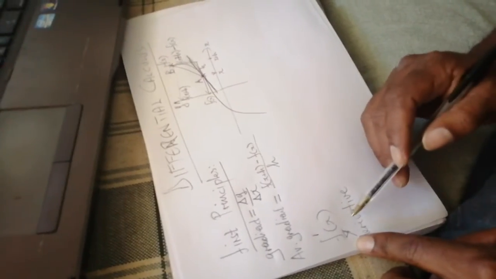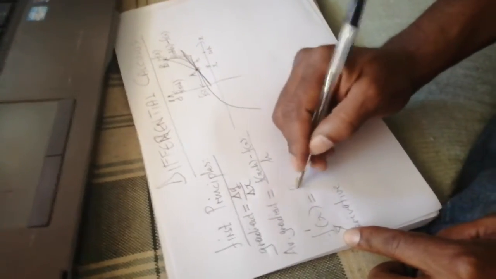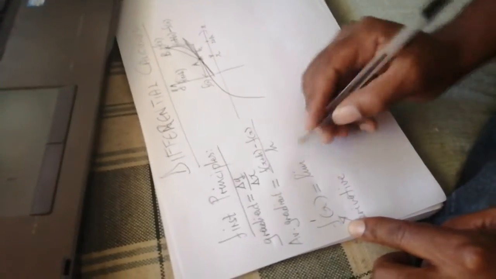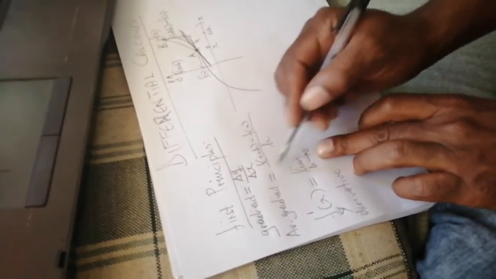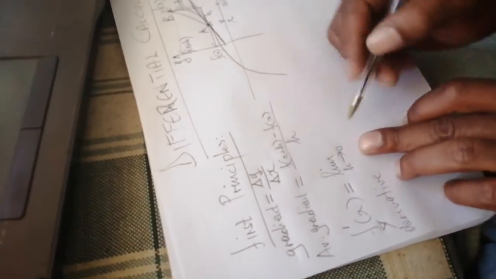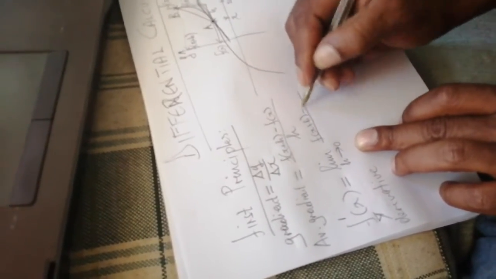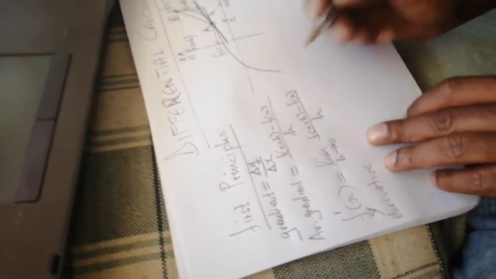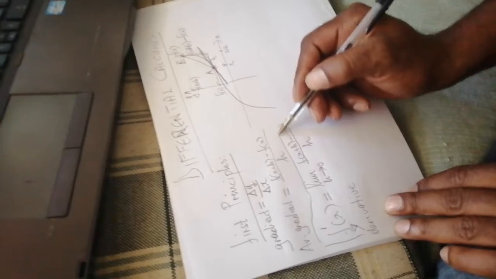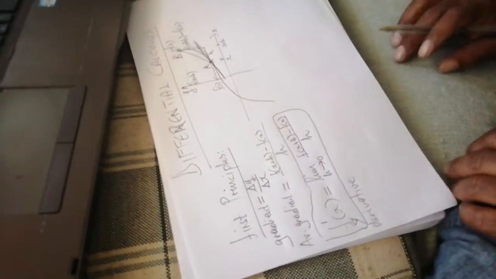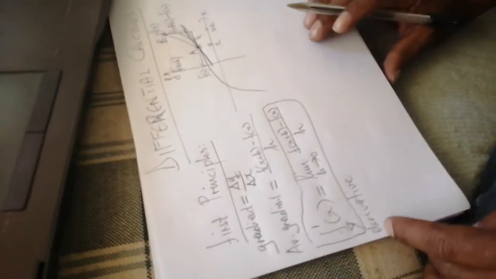But here we are interested in using the limiting process, which means we have to apply the limiting process. Limit as h approaches 0 of this function here, which is the average gradient, f of x plus h minus f of x over h. This is the formula for the limiting process of finding the derivative of a function.